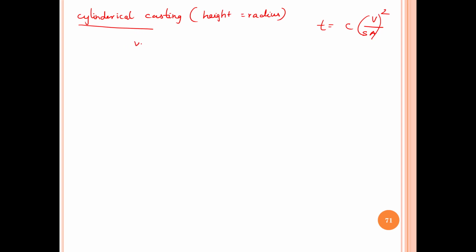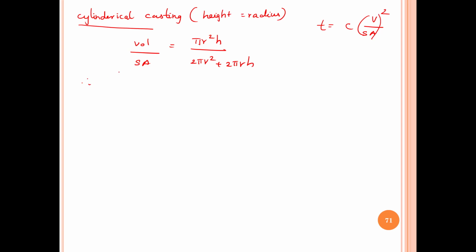So here, volume divided by surface area of the cylindrical casting is equal to the volume of the cylinder, pi r square h, divided by the surface area, 2 pi r square plus 2 pi r h.